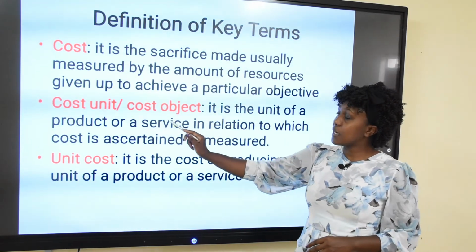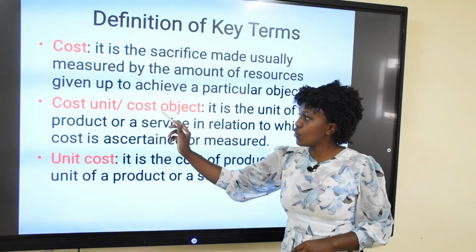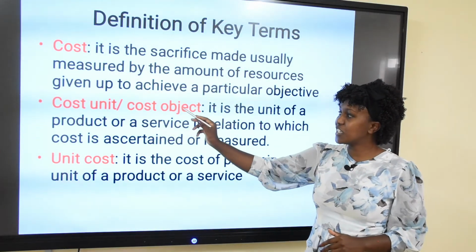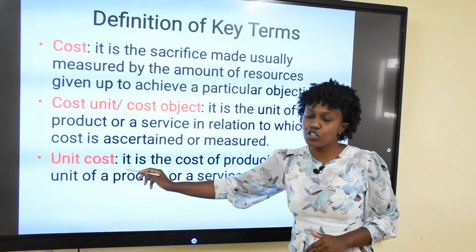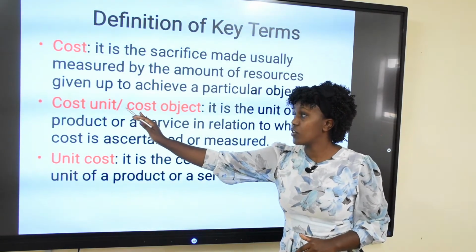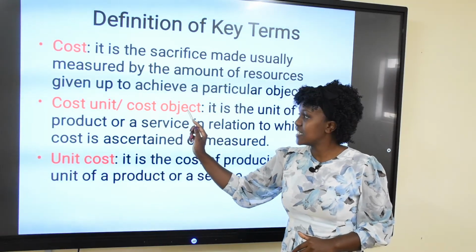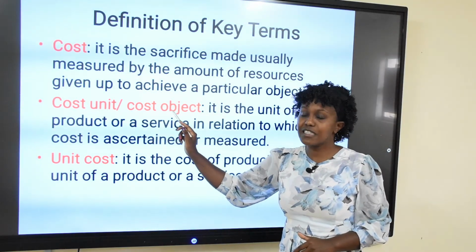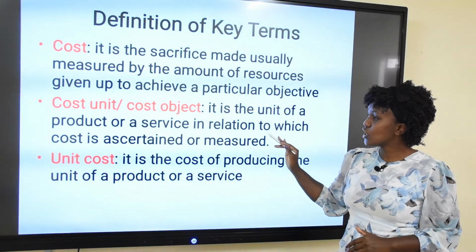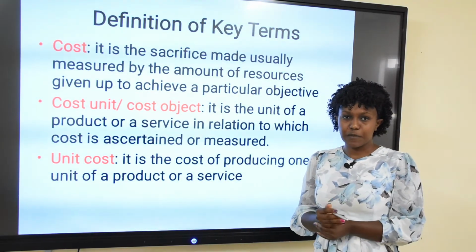Now, the next terminology is cost unit, or what you call a cost object. I want us to differentiate this cost unit from unit cost, which is the next terminology. The cost unit or cost object is the object itself. It is the product or the service against which a cost is ascertained.